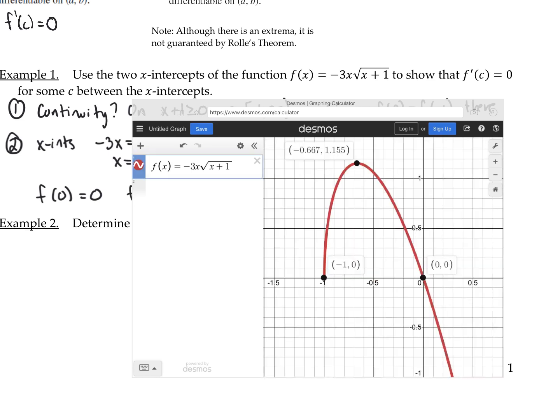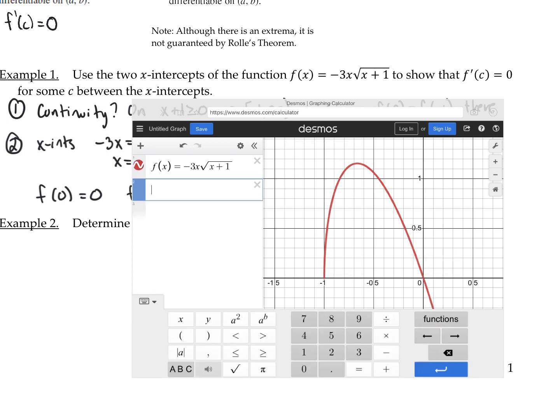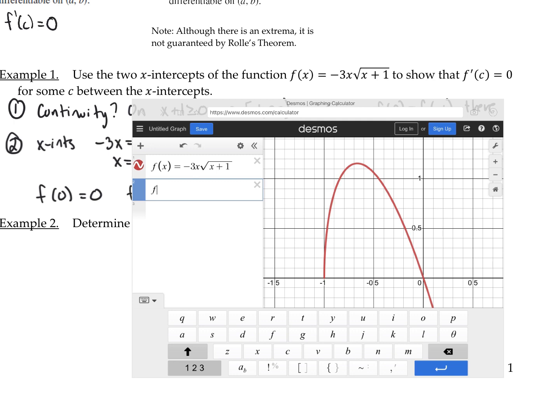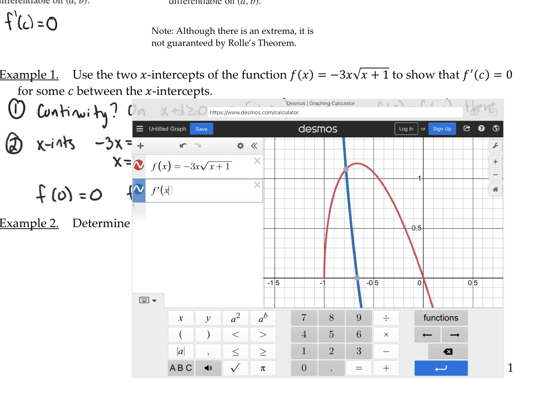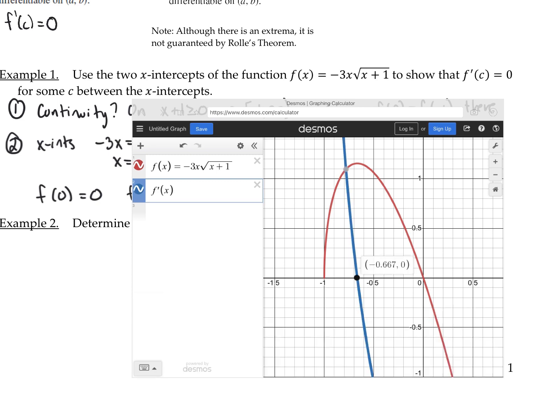We can also see that there's a place right here up at the top where the derivative is 0. Just to double check, remember Rolle's theorem doesn't tell us where it is, just that it is. If I do f prime of x, I can see right here that this place, -0.667 or -2/3, is the same x value where my derivative was 0.